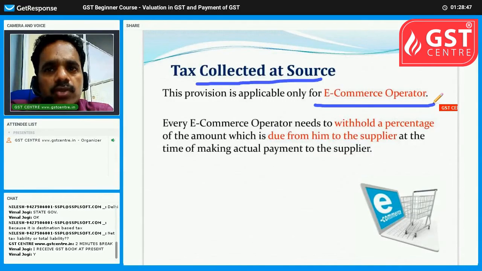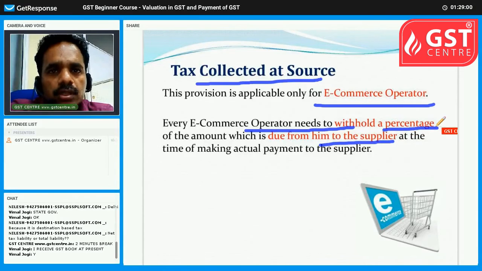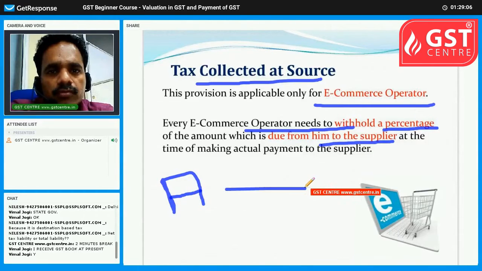TCS is applicable to the e-commerce operator, that is, when the e-commerce operator pays the amount to the supplier, the e-commerce operator needs to deduct a percentage of the amount, which is called TCS. Suppose Amazon is the e-commerce operator. When Amazon is paying an amount to Micromax, like what I told in the last example, there should be a deduction.